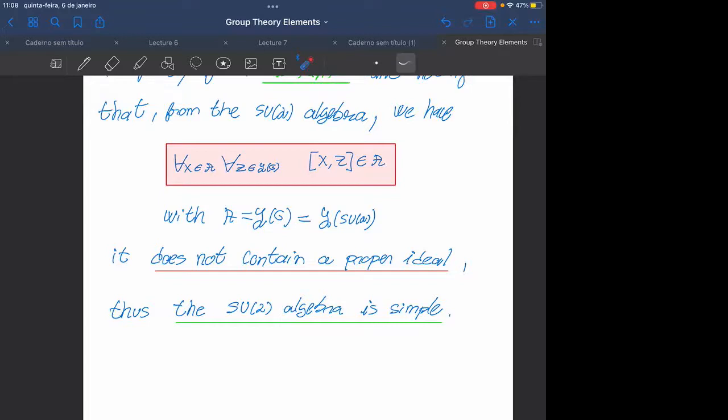Their components would not be as illuminating as they are now, but this would be the same. The commutation relation between them would always fall inside SU2.